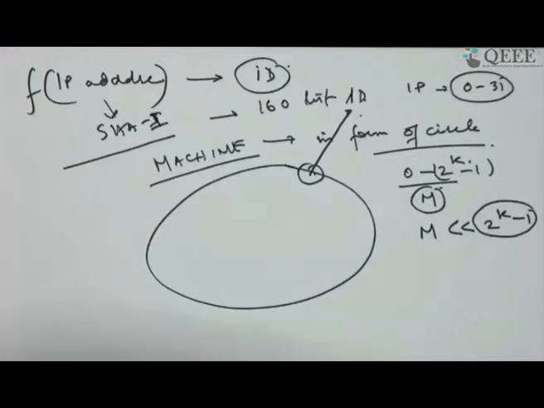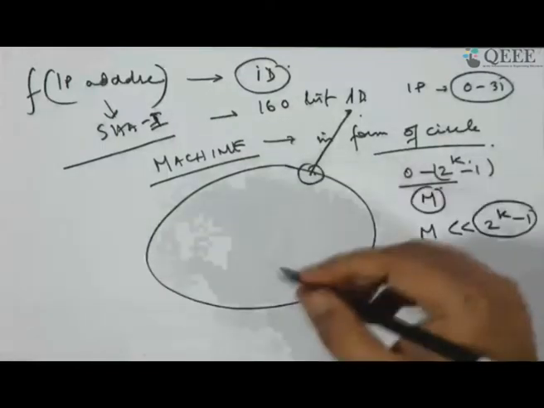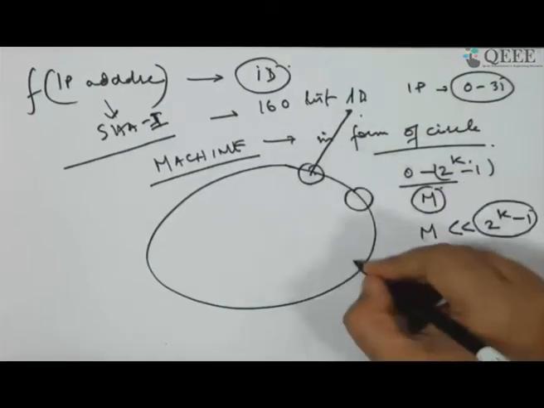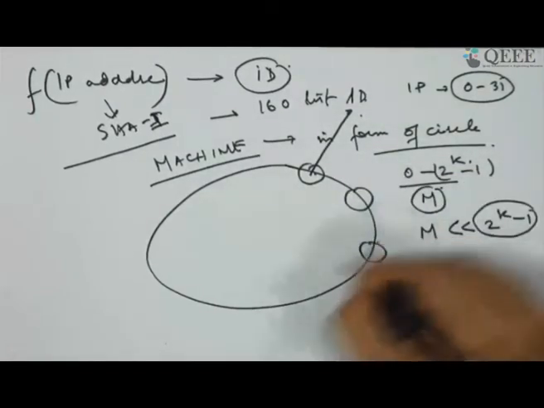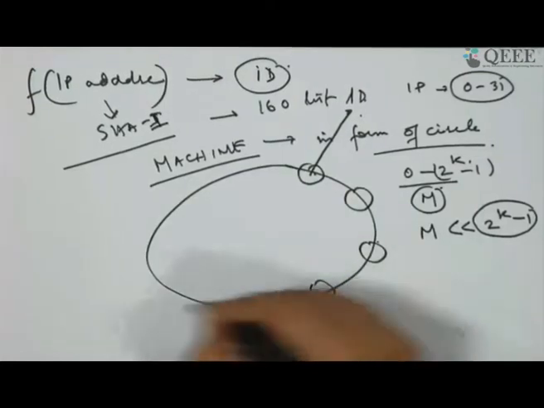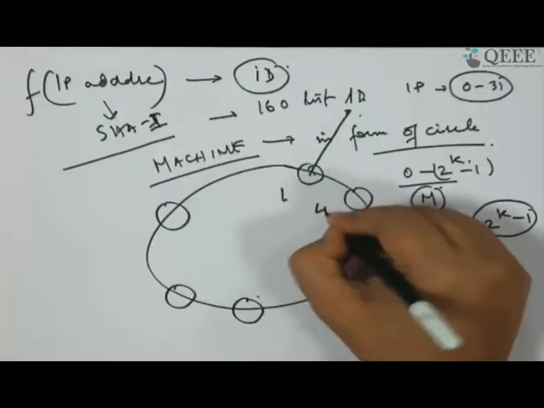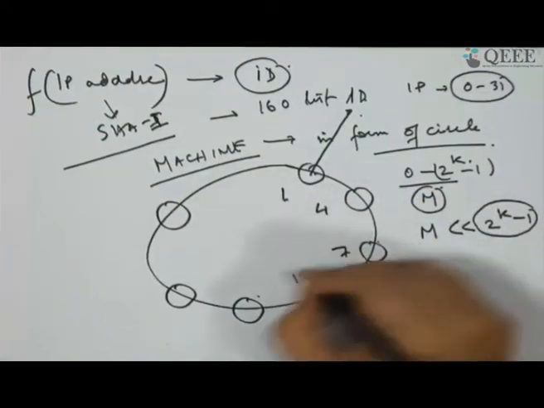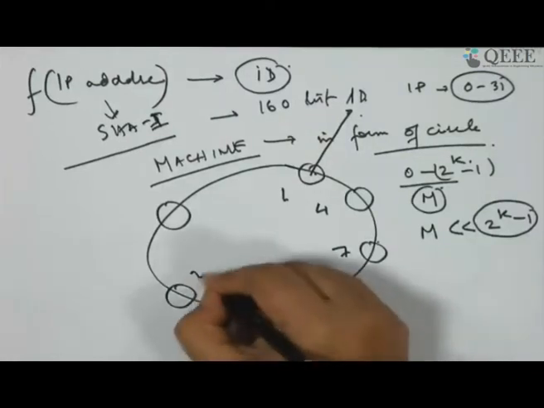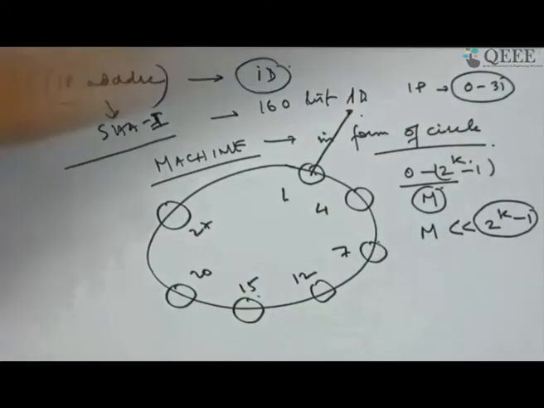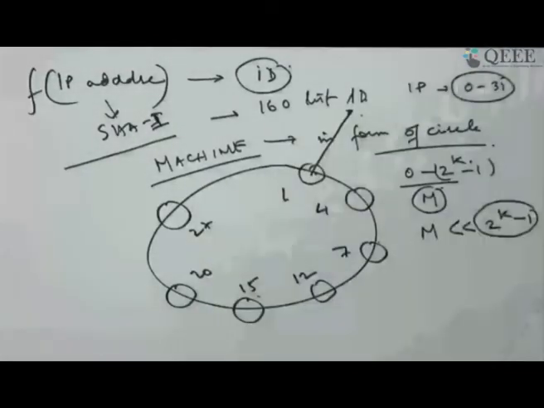Now we will talk about how you put machines, but say somehow you have magically put machines 1, 4, 7, 12, 15, 20, 27.